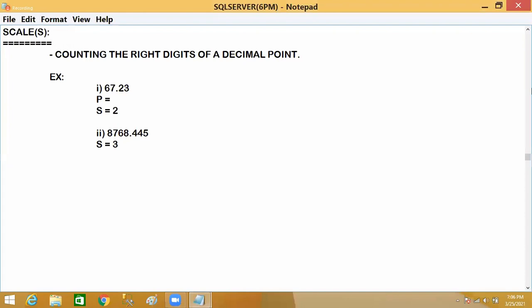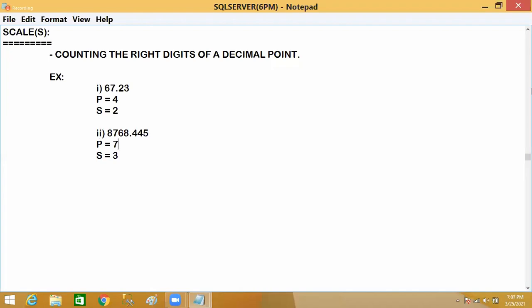Yes, very good, 4. And in this one, what is the precision value? 7. So now the point is to understand how to know the precision and how to know the scale.